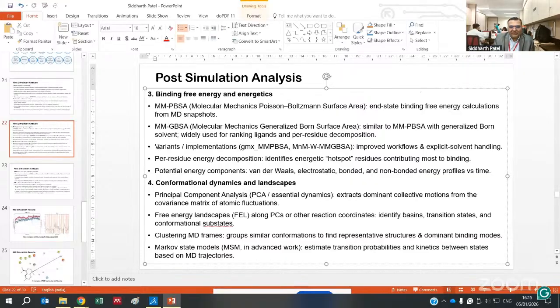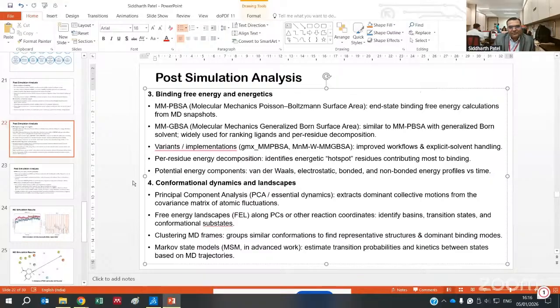Apart from that, variants of MMPBSA like gmx_MMPBSA, or per-residue energy decomposition, potential energy components, van der Waals, electrostatic, and bonded, non-bonded energy profiles. These kinds of energy related studies can also be performed.